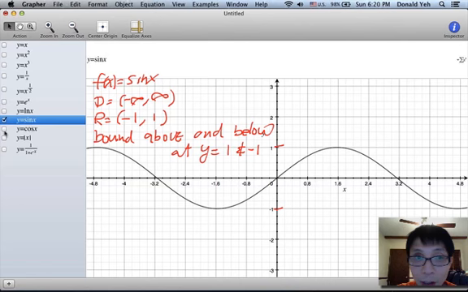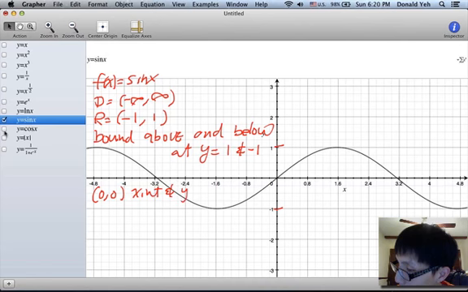It has an origin at 0, 0, as x-intercept and y-intercept, because you're looking at this graph. And it actually looks like a wave. It starts at 0. So sine of x is a wave that starts at 0.